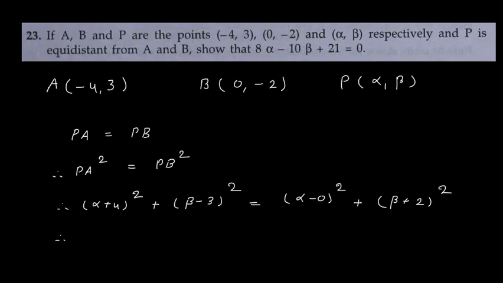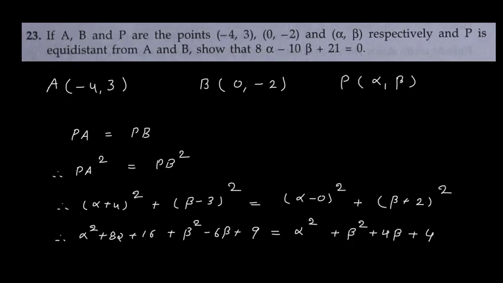So here I will have alpha square plus 8 alpha plus 16 plus beta square minus 6 beta plus 9 is equal to alpha square plus beta square plus 4 beta plus 4. Now this alpha square will cancel, this beta square will cancel.